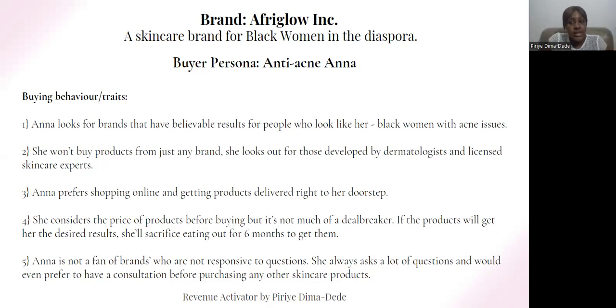Remember, she's a junior analyst. She has dependents back home. She can't be spending money anyhow anymore. So she would consider the price of products before buying, but it's not so much of a deal breaker. If she's convinced that this set of products will get her the desired results, she will sacrifice something to get it. In this case, she will sacrifice eating out for 6 months to get them.